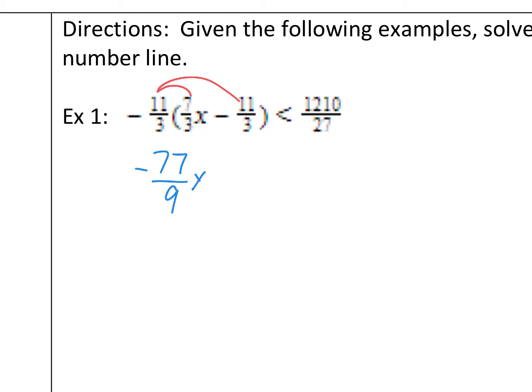And tell me what you get. Convert it to an improper fraction. 121 over 9. Yep, 121 over 9. Could have also just done negative 11 times negative 11, 3 times 3. Same thing. Okay, and we don't distribute to the right side because it was not in the parentheses.